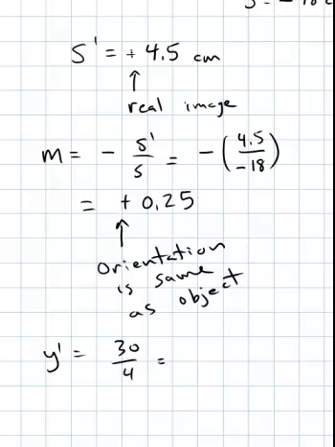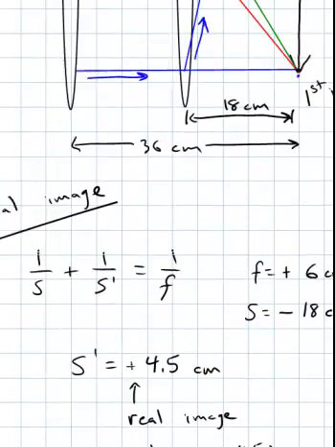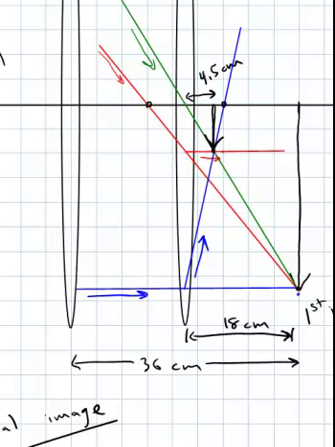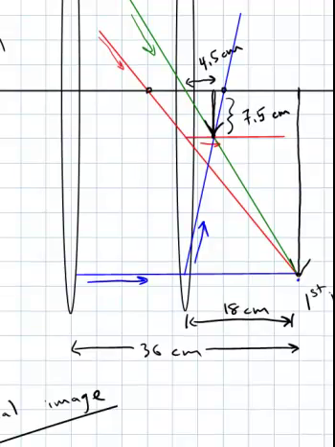So 1/4 of that is 7.5 centimeters. Let's take a look and see what we got. Almost 8, right? Just looks like a hair less than 8 centimeters. So not bad. The drawing, the ray trace came out pretty close in this case. Better than the first one.